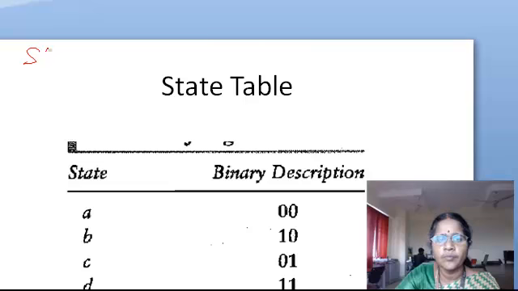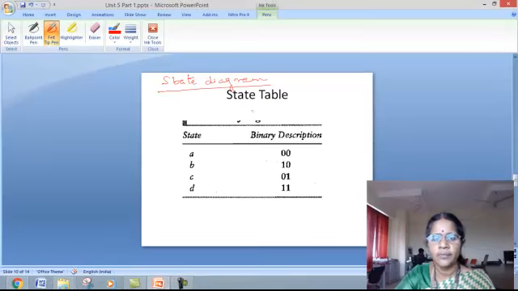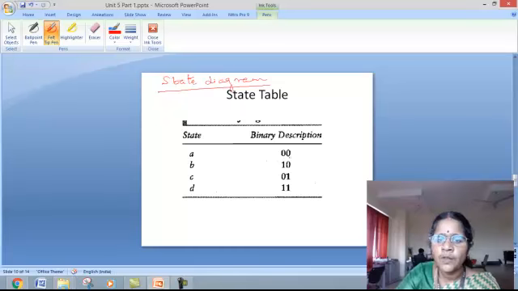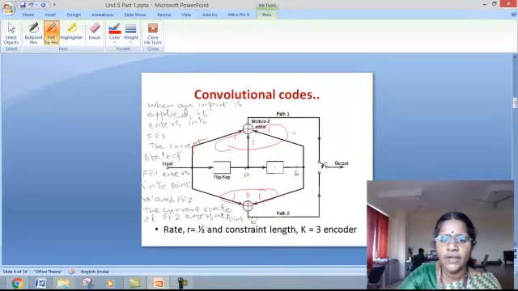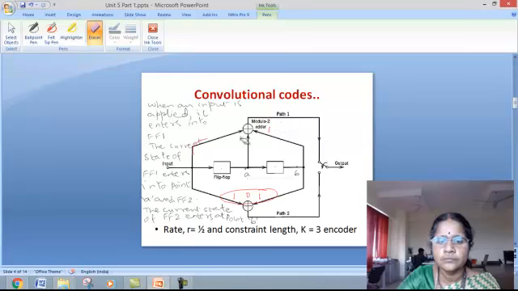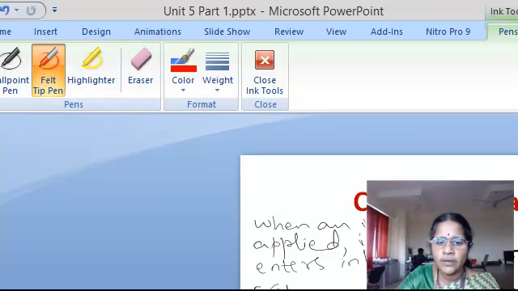Going to the state diagram method. First, assign the state of the encoder. Here in this encoder, we have two flip-flops.